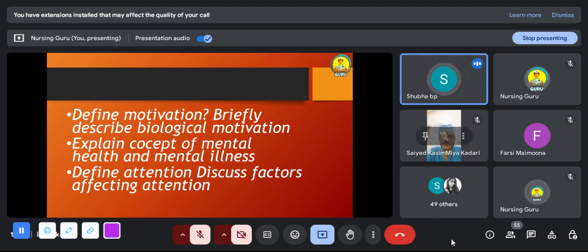And the next is explain concepts of mental health and mental illness. As I said earlier, you need to write the definition of mental health and the definition of mental illness. You people commonly know what characteristics are present in a mentally healthy person and what characteristics will be present in mental illness.